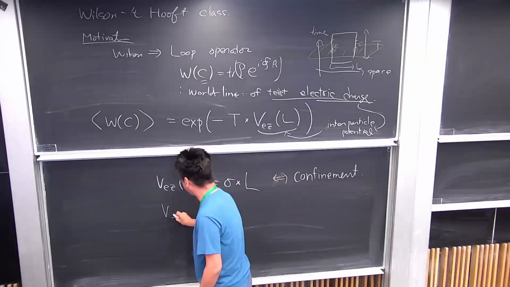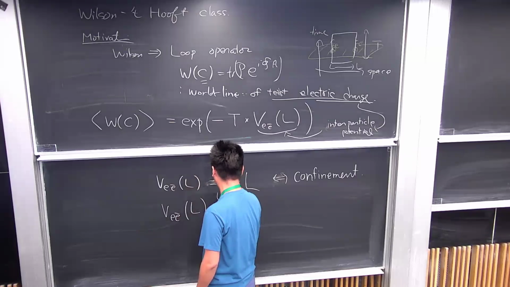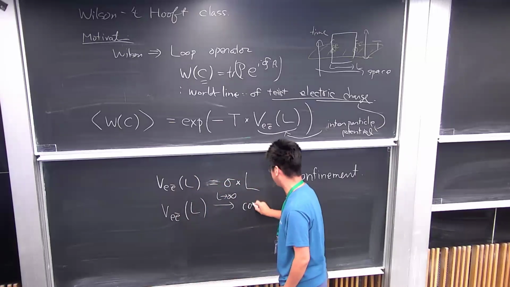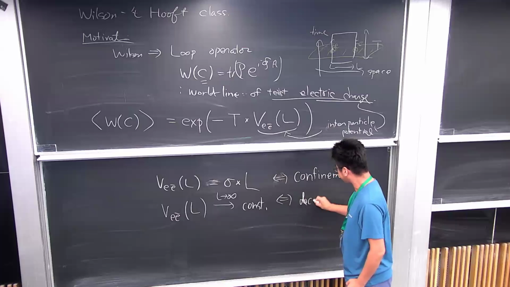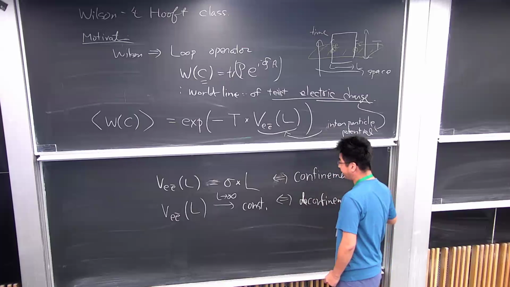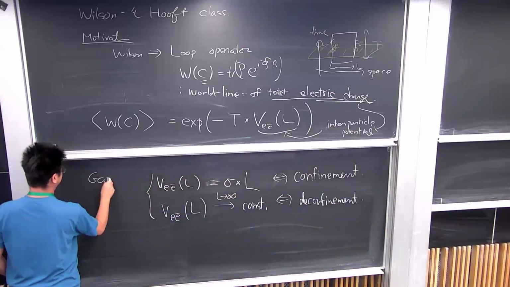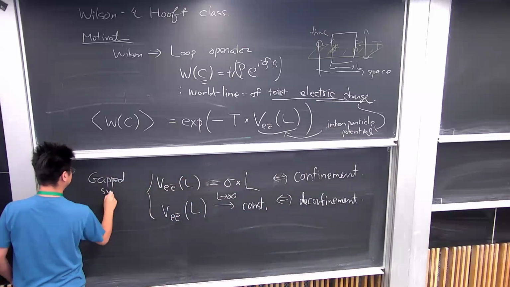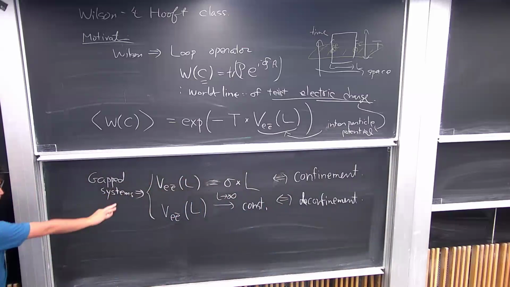Another possibility is that V(L), as L goes to infinity, goes to a constant. Then this means deconfinement. Basically, for a gapped system, it is widely believed that these are the only possibilities for the behavior of the interparticle potential.